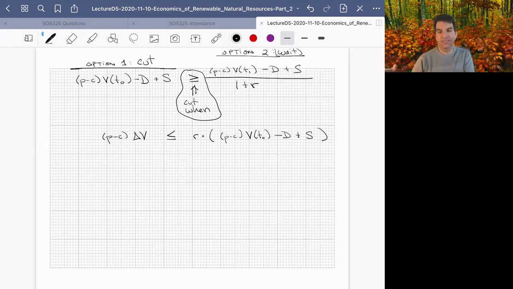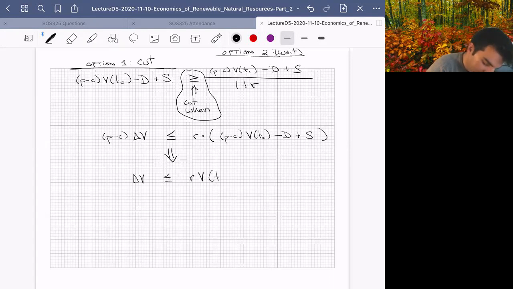And so I can rearrange that to say, well, that's just when delta V is less than or equal to R V T0.